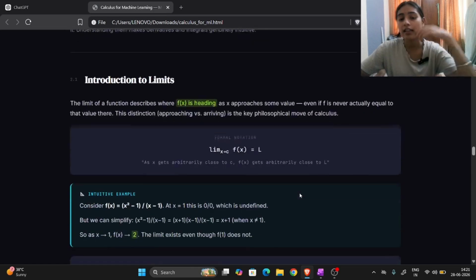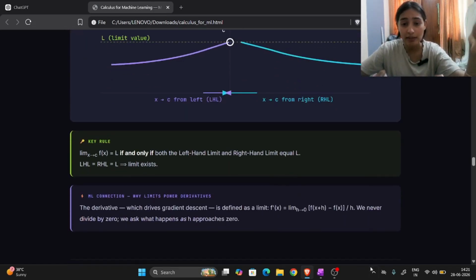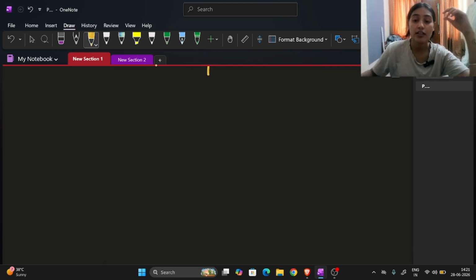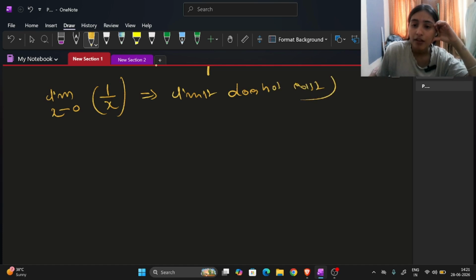We understand what a limit is, how we write a limit, and how we solve questions on limits. Now there are two kinds of limit. For example, whenever you see something like this, limit x tends to 0, for this equation the limit does not exist.